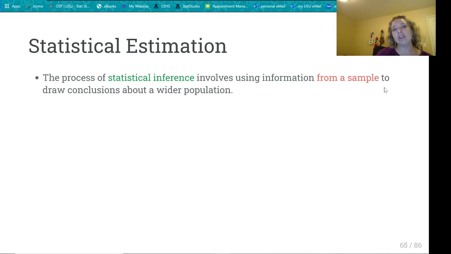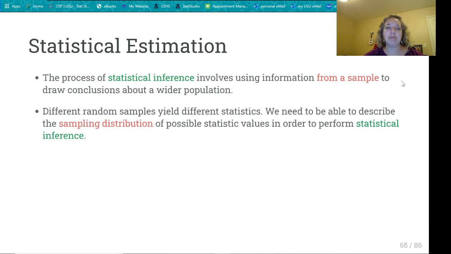And what we're going to be learning through the rest of this class is statistical inference. That means that based on the statistic of the sample, we are going to infer or make a claim about the whole population. So based on the sample statistics, a conclusion about the wider population. Now, this is the whole reason or process by which we do research. We very rarely get the whole population.